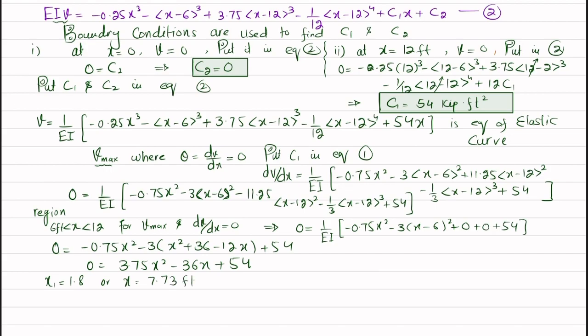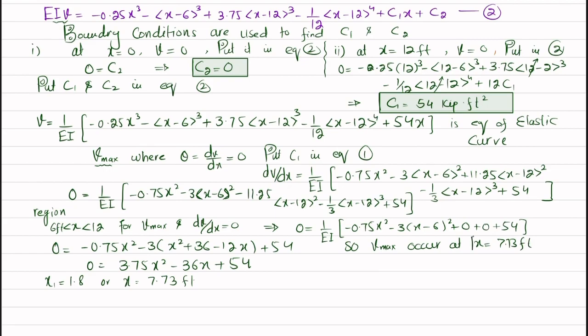Since we are in the region x greater than 6 feet and less than 12 feet, x will be this one. So I will write it over here. V max will occur at x equal to 7.73 feet.